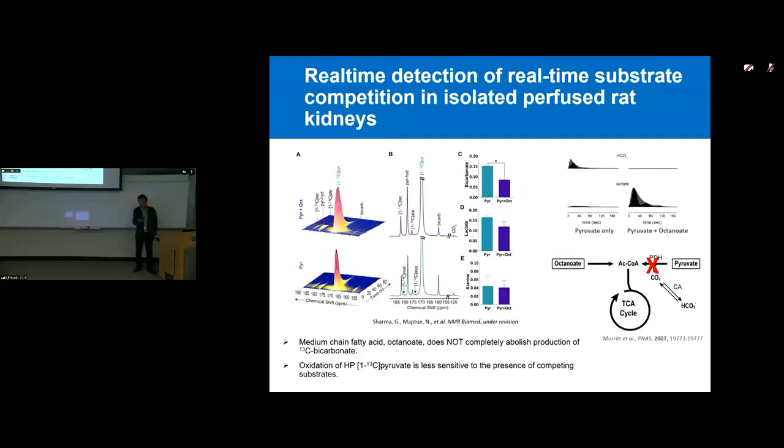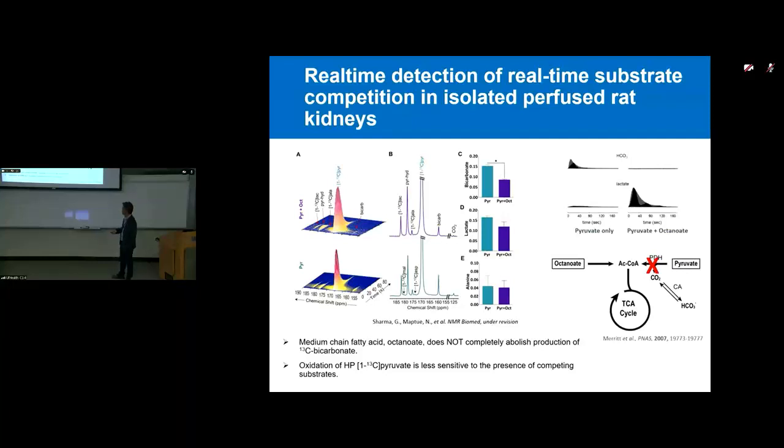But in the kidney, we don't see that. We see that when you have octanoate, there's only a decrease in pyruvate oxidation. It doesn't abolish that pathway. That's because the kidney can utilize multiple substrates and prefers to rely on multiple substrates instead of a sole substrate, like what happens in the heart.